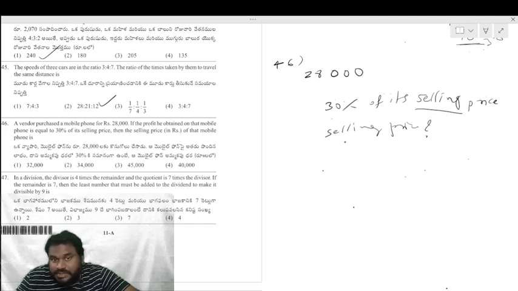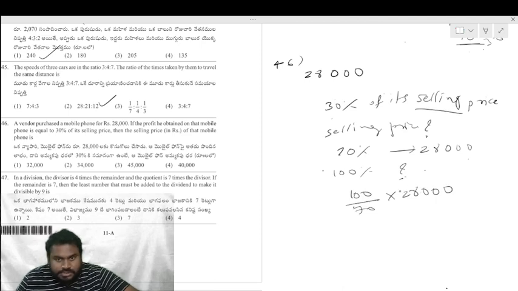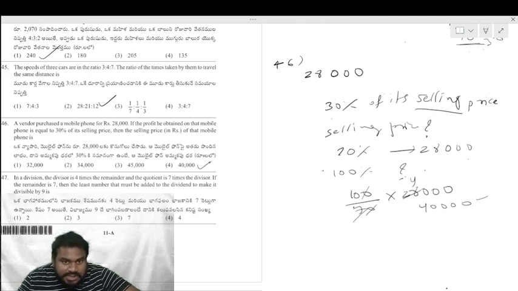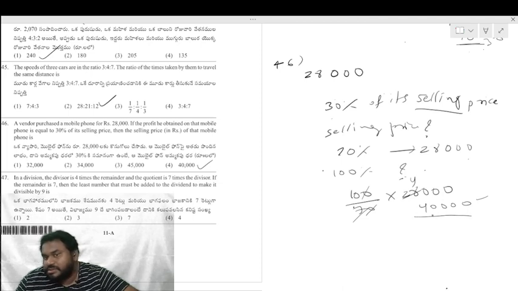So if 70% is equal to 28,000, what is the 100% value? 100 by 70, so 40,000 is the value of the selling price for that mobile.